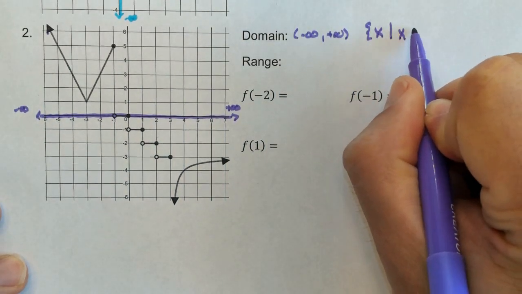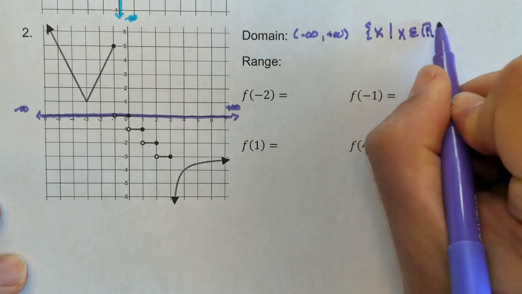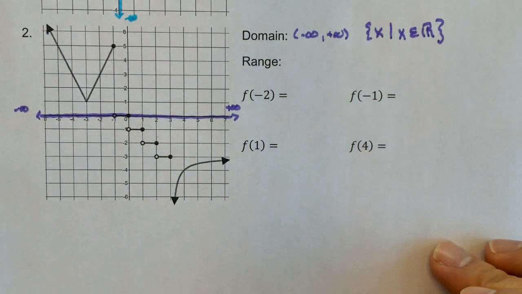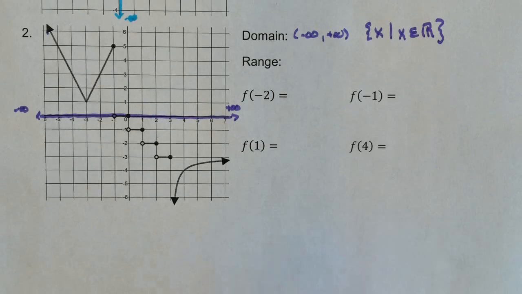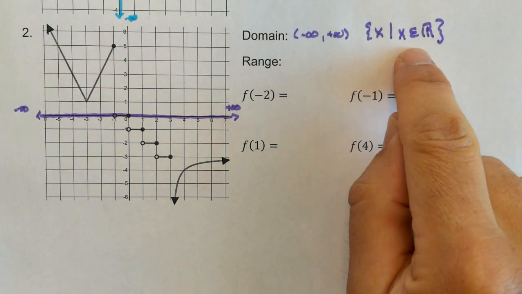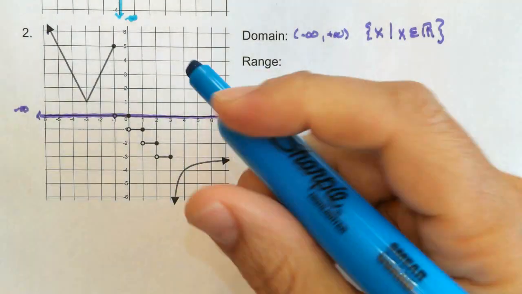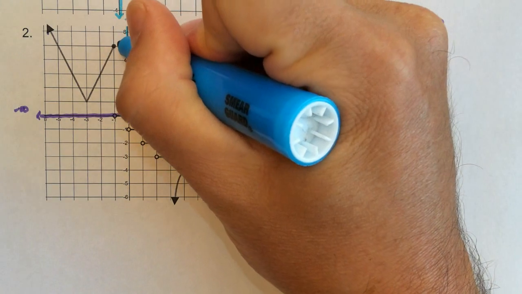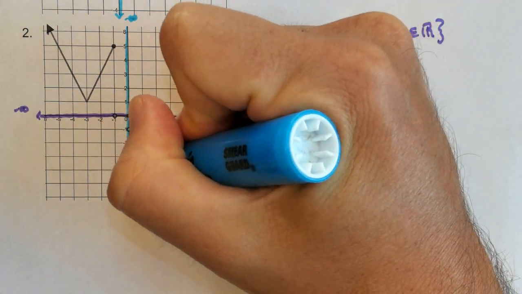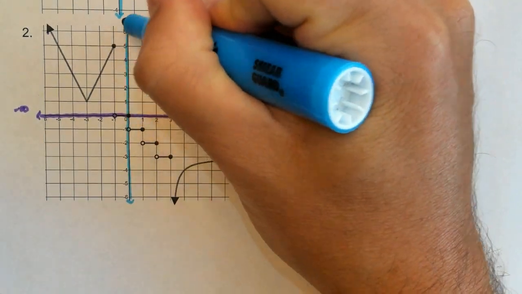Your choice. You do not have to do both set and interval notation. I'm just writing it out to make sure you are staying on top of both. You are able to identify both, but it is up to you which one you would write as your answer.